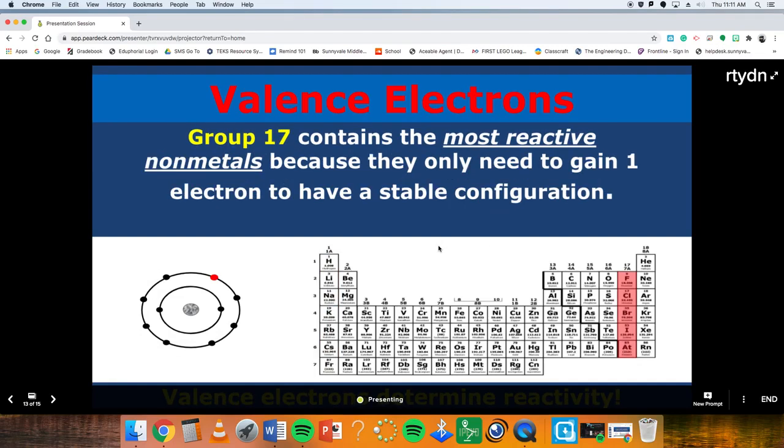And here we go. Group 7, or 17, is the most reactive nonmetal group because they need to only gain 1. They are 1 valence electron away from being full and being stable. So that's why Na over here and Cl combine to form sodium chloride, which is table salt.